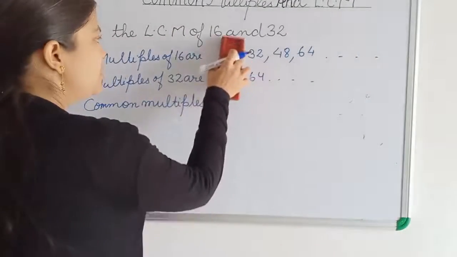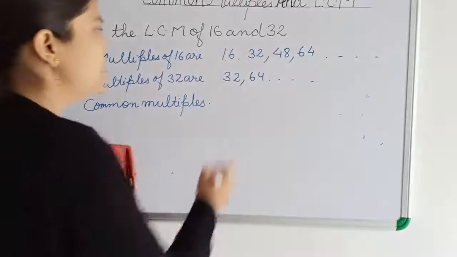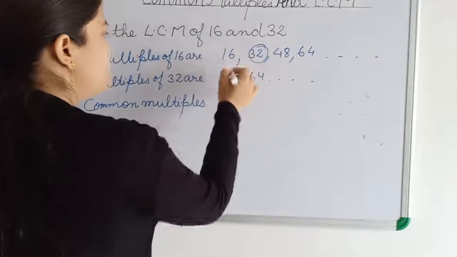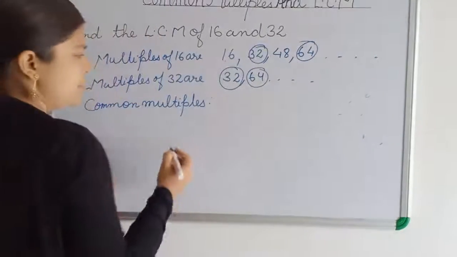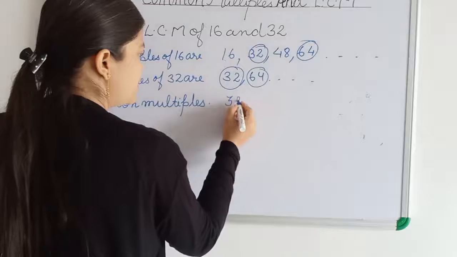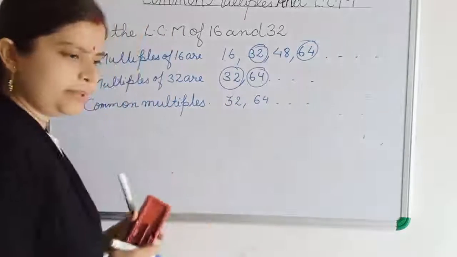So now 32 is there, yes, 32 is here. 64 is here, yes, 64 is here. So the common multiples are 32, 64 and so on. Many may be there.